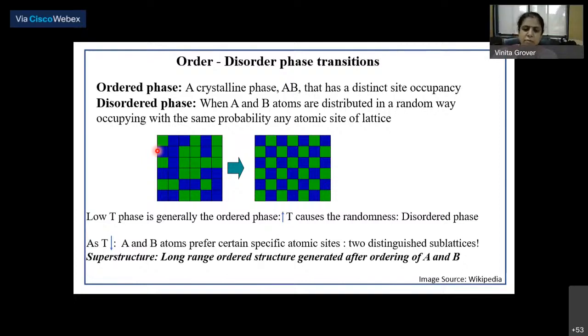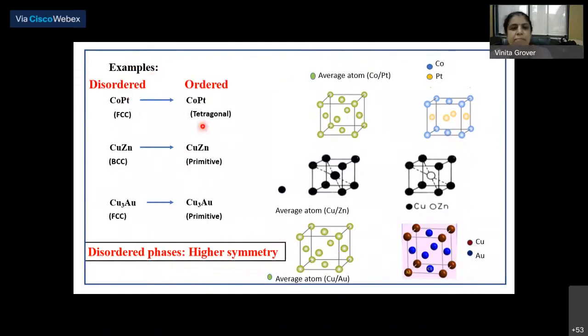The X-ray will see whatever possible 3D periodicity is happening there, and that would not be at this level because it is randomized. I think I should explain it in some other way. Maybe we go to the next slide and see some example, and then probably it will become more clear.